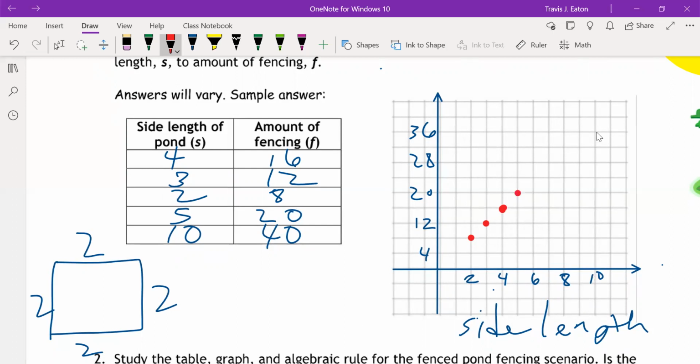So we have to go clear up to 36, and 4 more would be 40 right there. All right, cool. Technically this is a scatter plot, and I'm going to clean up this dot here. There we go. That's way better.